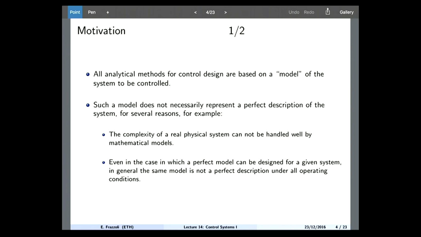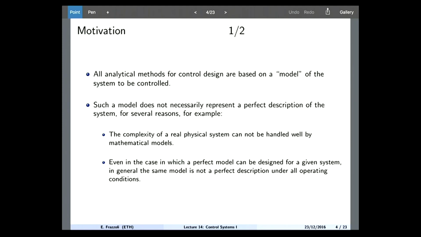So let's talk about this idea of robustness. What is the idea? In a sense, we touched upon it when talking about nonlinear systems. The reality is that whenever we write a model, be it a linear model or even a nonlinear model, you have to accept the fact that that model is not reality.